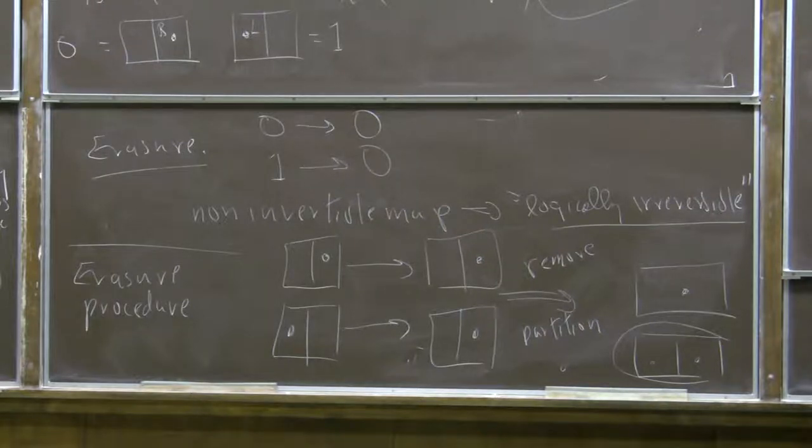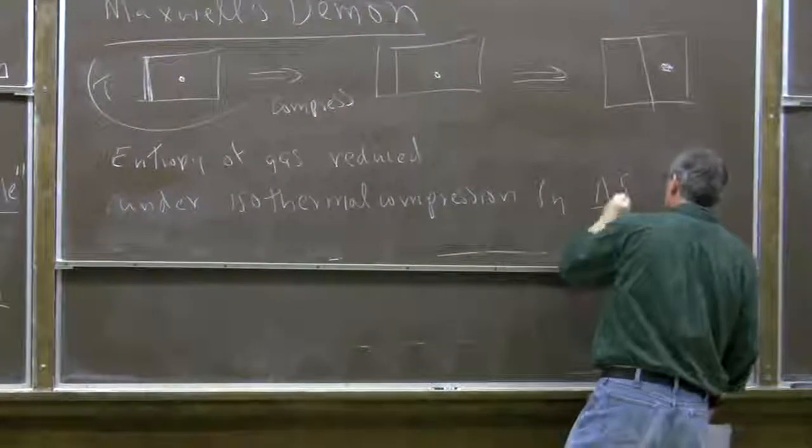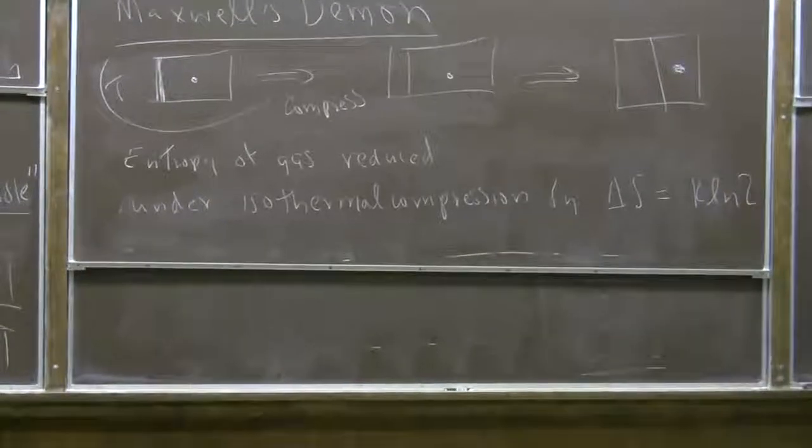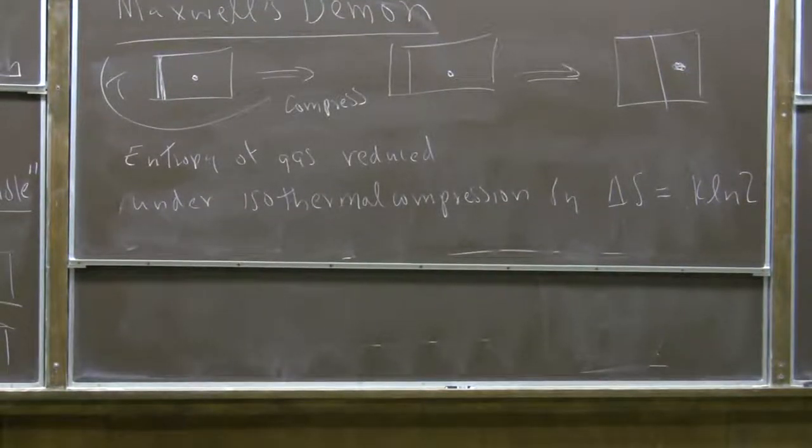So the entropy of the gas is reduced under isothermal compression by K log 2, because the final volume is half of the initial volume.